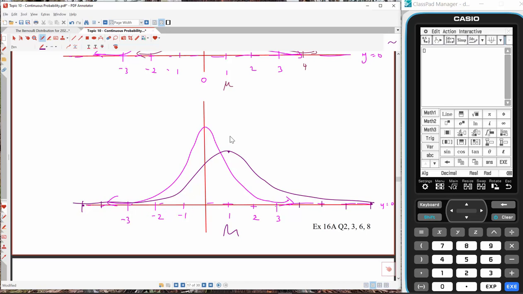So it's going to spread it out, which will in turn bring that maximum value down so that it will preserve an area of 1 at all times. All right, so try that out for yourself now in exercise 16A.